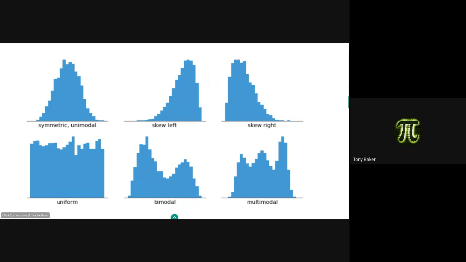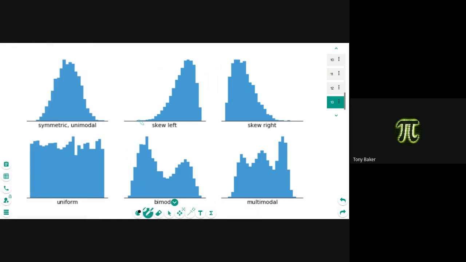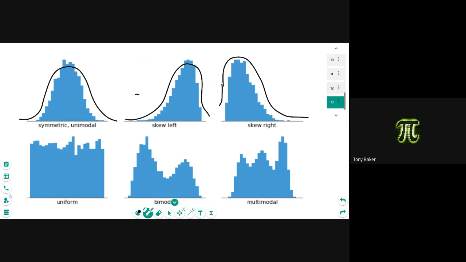Okay. So if we look at this one here, this one's got that nice bell curve shape. This one's got that shape like that. And this one's got that shape like that. So you're looking at these parts here.